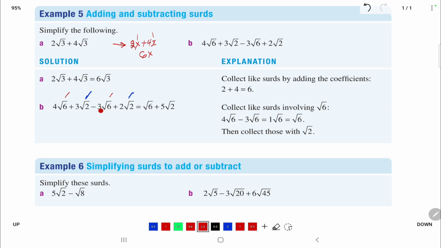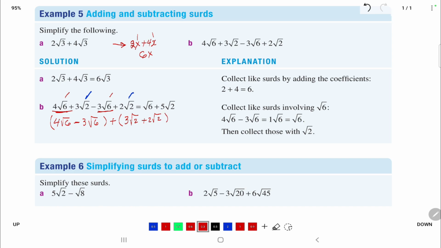So I'll collect these two terms, 4 under the square root of 6 minus 3 under the square root of 6. I'll collect like this. And here it is plus 3 under the square root of 2 plus 2 under the square root of 2.